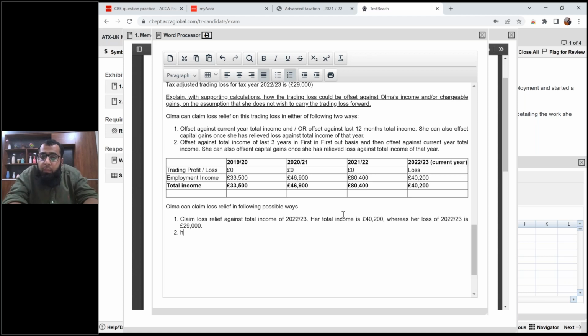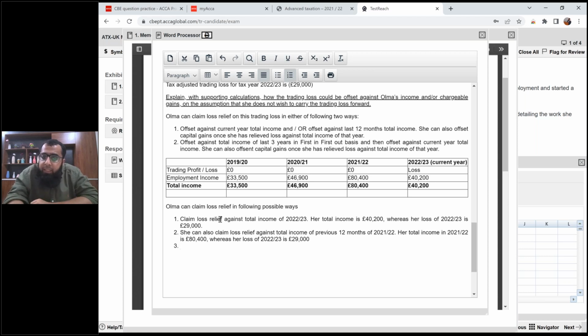What is another option? She can also claim loss relief against total income of previous 12 months of 2021-22. Her total income in 2021-22 is 80,400, whereas her loss of 2022-23 is 29,000.